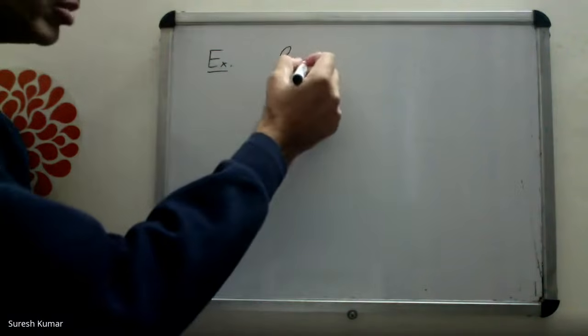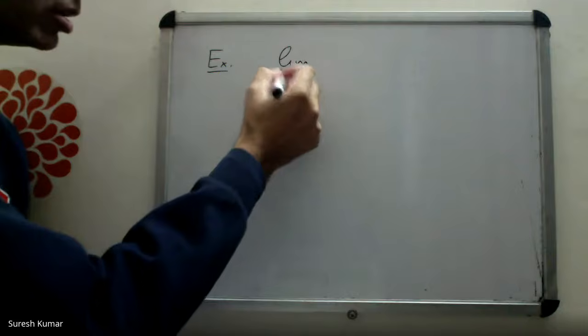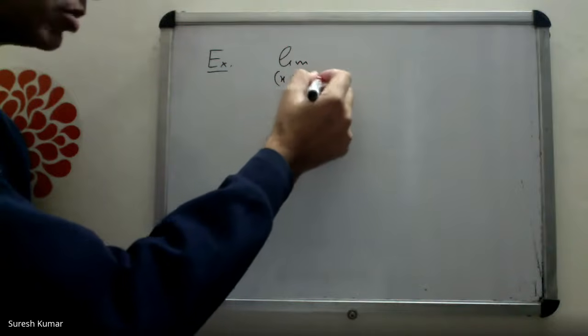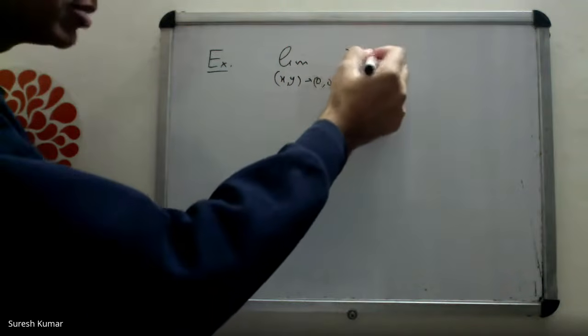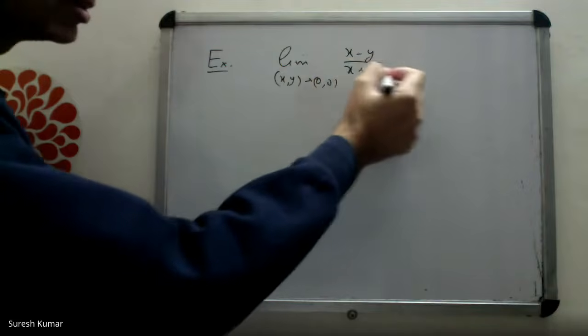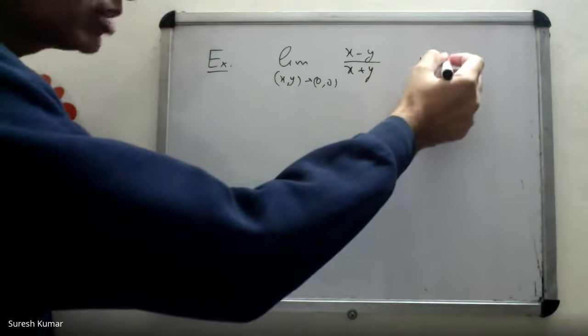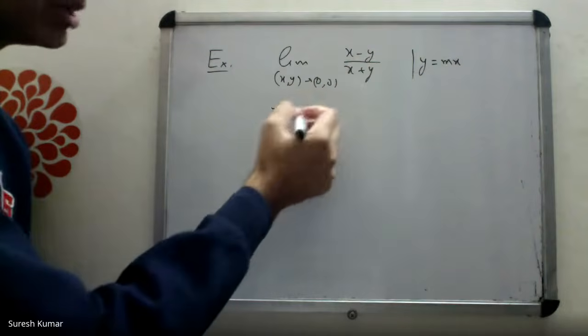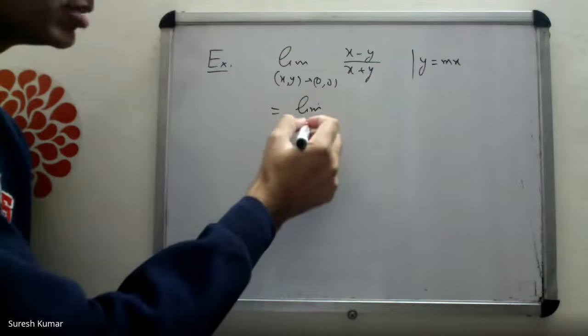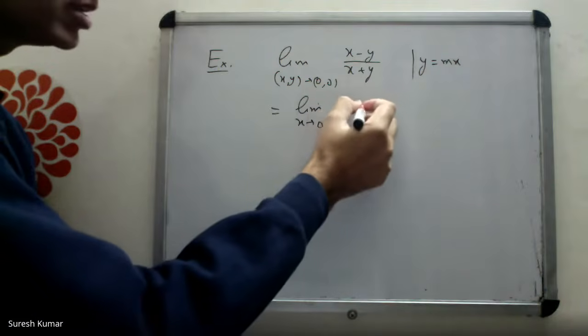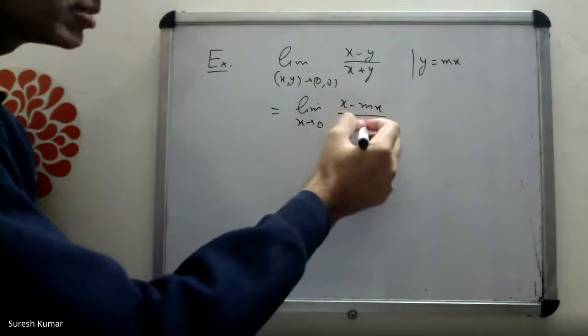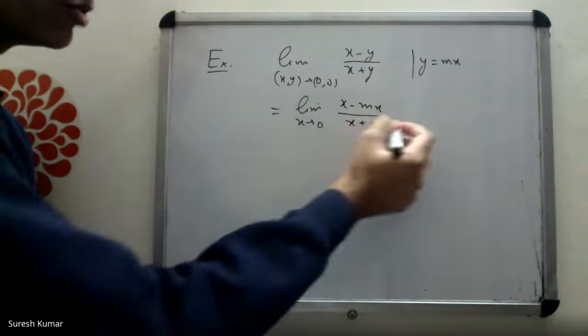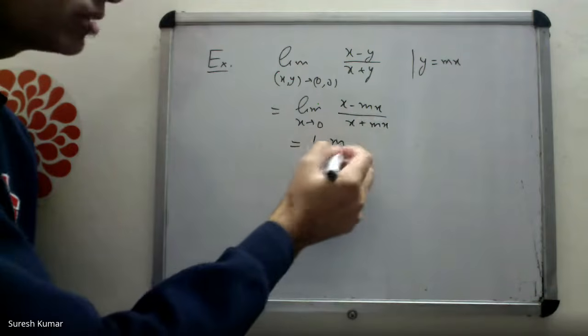We did one problem in the previous lecture, x minus y over x plus y. Choosing the path y equal to mx, if I put y equal to mx here, then this becomes x minus mx over x plus mx. Further, if I simplify, 1 minus m over 1 plus m.